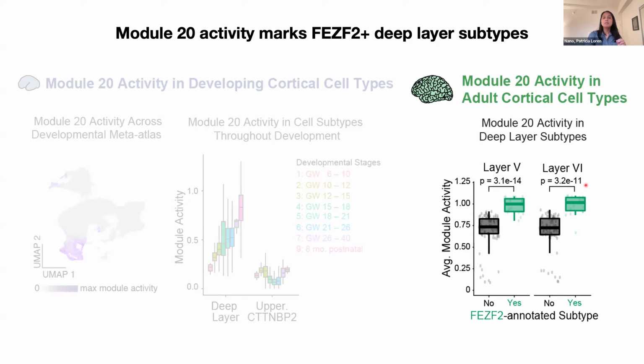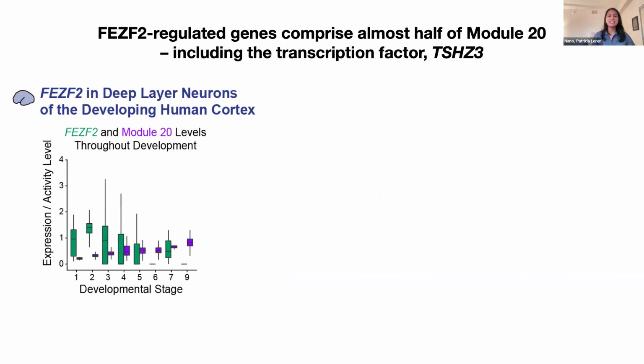But interestingly, Module 20 activity is highest in deep layer neuronal subtypes linked and elevated with FESF2. FESF2, of course, is a transcription factor that the field has shown to really drive deep layer fates. That's exciting and everything, but FESF2 is actually not in Module 20. In fact, it's not even expressed at the same time as Module 20. Instead, in our developmental meta-atlas in deep layer neurons, FESF2 actually increases or peaks in activity here in green before the peak of Module 20 activity here in purple.